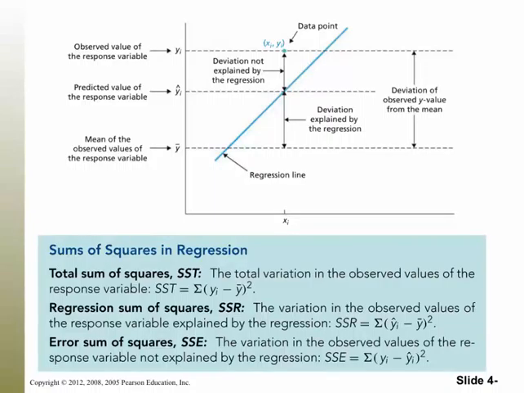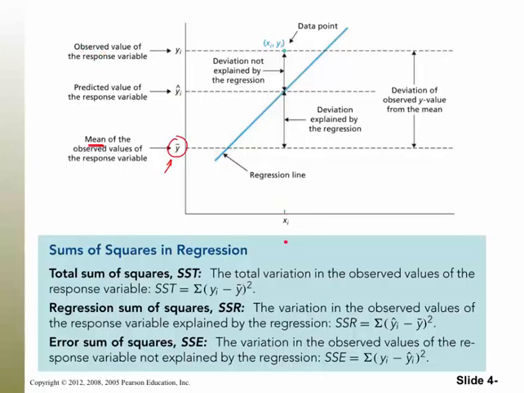Okay, so here's how this works out. This is the mean of all the data, right? We said that's one possible predictor of the y variable. This is the mean of all the observed values. This is a particular observed value.